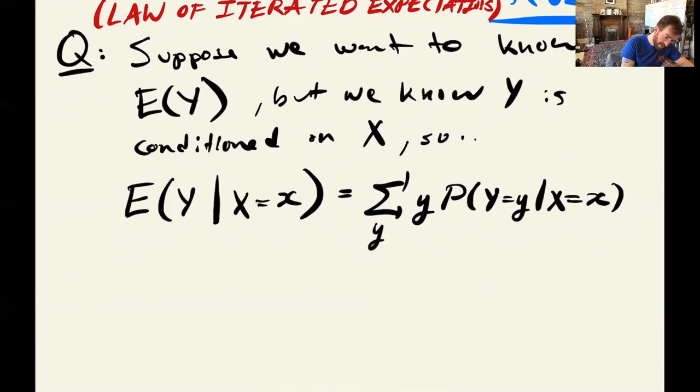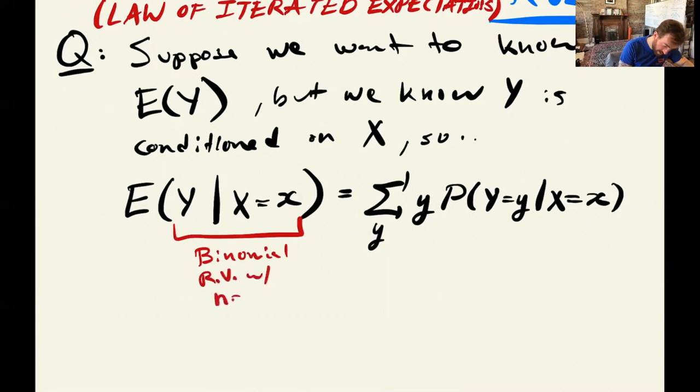So remember, this right here is a binomial random variable with n equals little x and p equal to 1/2. So in particular, this ends up equaling n times p, but let's be more precise and plug in that n is equal to x and p is equal to 1/2.